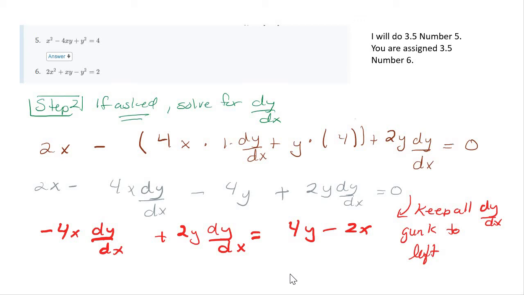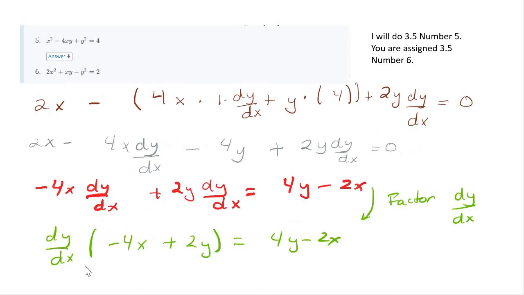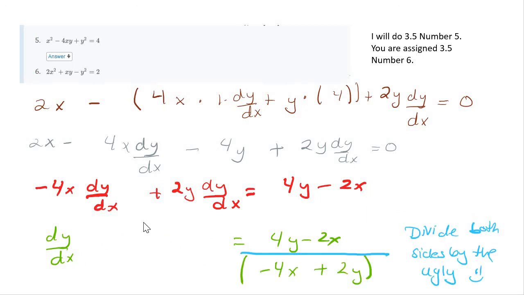So all I'm doing is isolating the dy/dx stuff. The next step is to factor out dy/dx. And see this ugly thing left behind? Doesn't matter. I'm just going to divide both sides by the ugly. So the stuff that was to the right of the dy/dx just goes on to the divide by the whole thing. And that gives you your dy/dx.